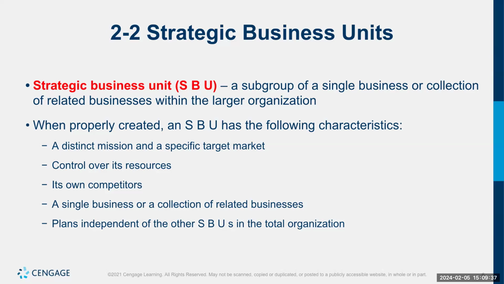And they also have their own competitors. That means that each SBU typically competes with its own set of competitors within its niche or its industry. So these competitors may be different for each SBU in the same organization.